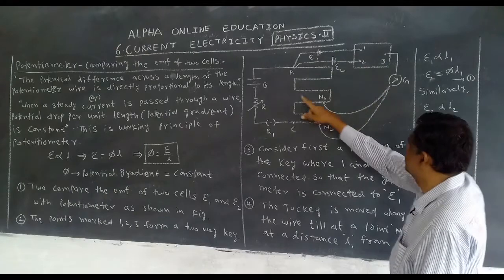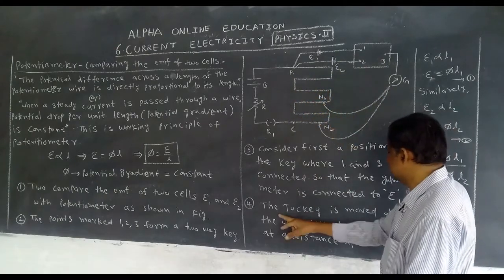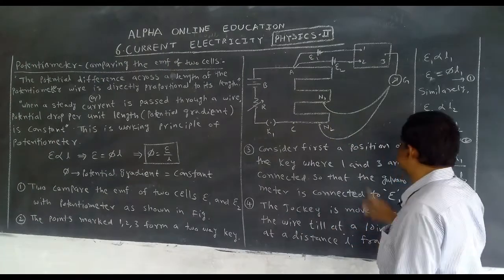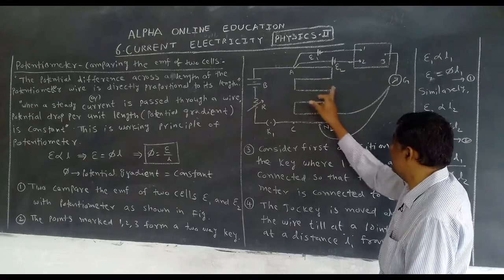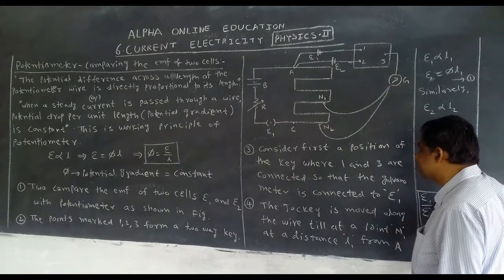Then slide the jockey along the wire till the galvanometer shows zero deflection.